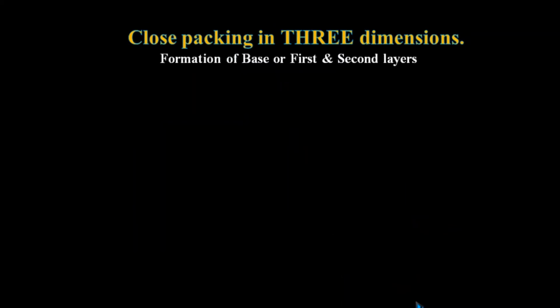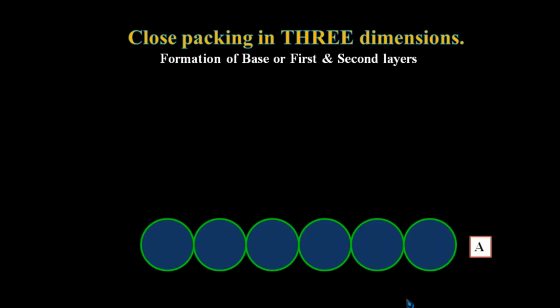Next one is the three-dimensional close packing from two-dimensional ABAB type hexagonal close packed layers. First we discuss the formation of a base layer or the first layer, and later on the second layer. In an ABAB type planar two-dimensional structure, consecutive layers are different.